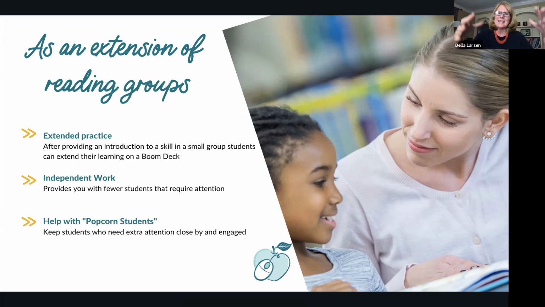So by taking your reading group and then having them moved to the next set, they're over here. Now you're taking 8 to 10 kids out of the general population. So there are less kids out in the class that you have to worry about. And if you do it strategically, you can have those kids spread out.